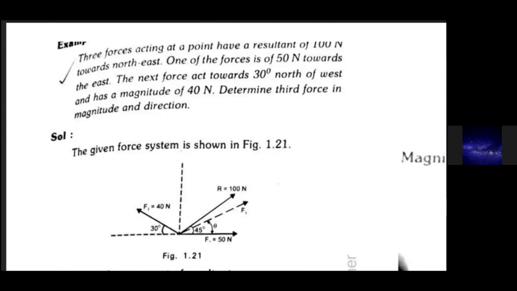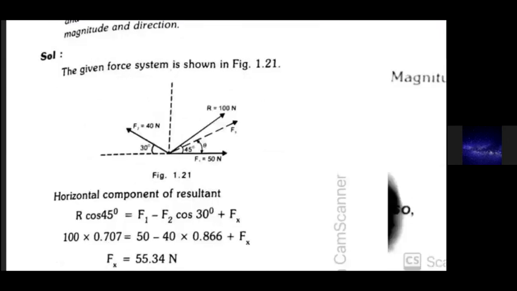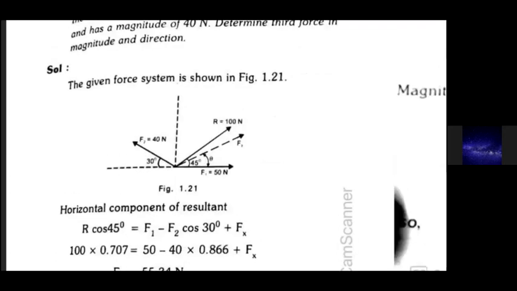We have to determine the third force magnitude and direction. Here the resultant value is given, and we have to find one of the components of the force system. So just assume F is the third force which makes some theta angle with plus x axis.